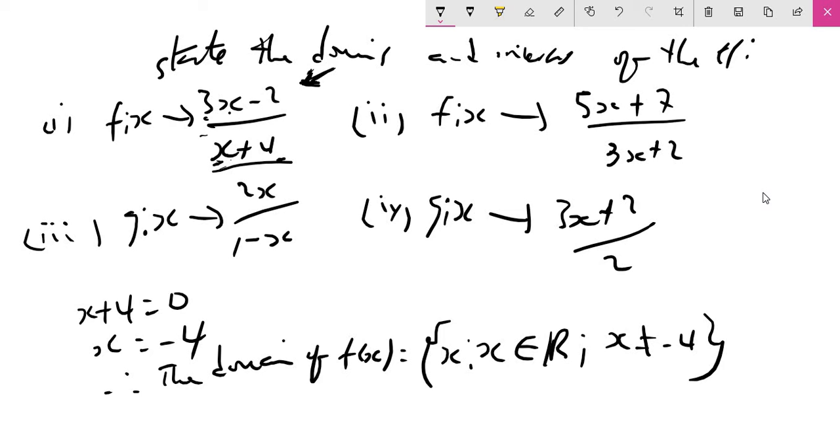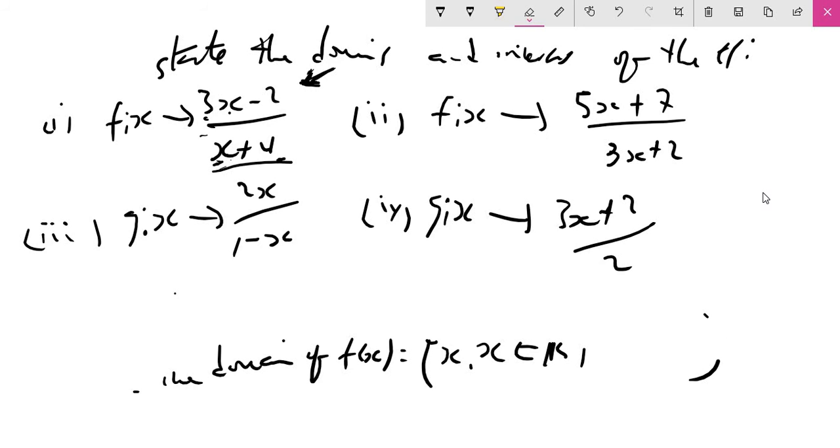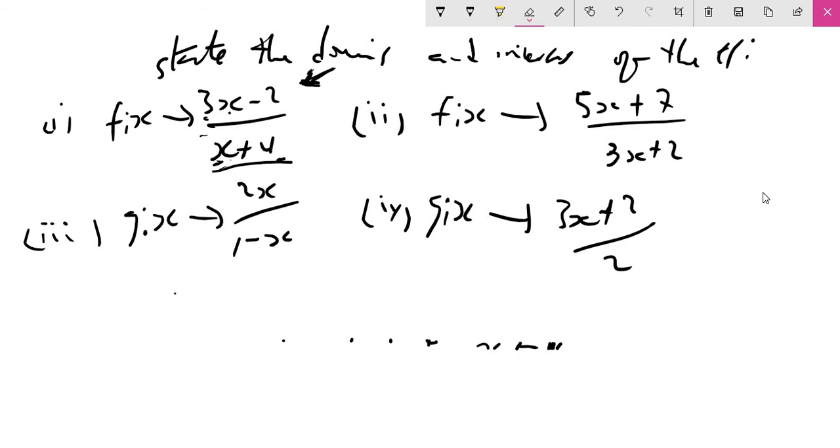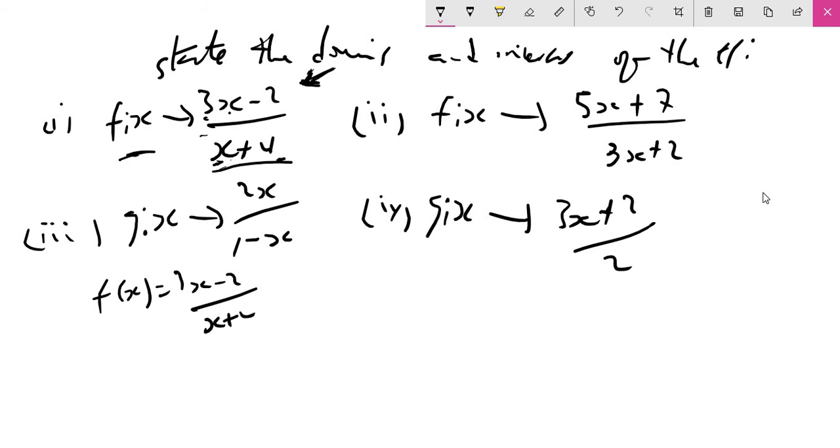Okay, now let's find the inverse. I'm just going to do it all within here, and I'm going to be a little faster. So what will be the inverse of f of x? Again, f of x equals (3x minus 2) divided by (x plus 4).